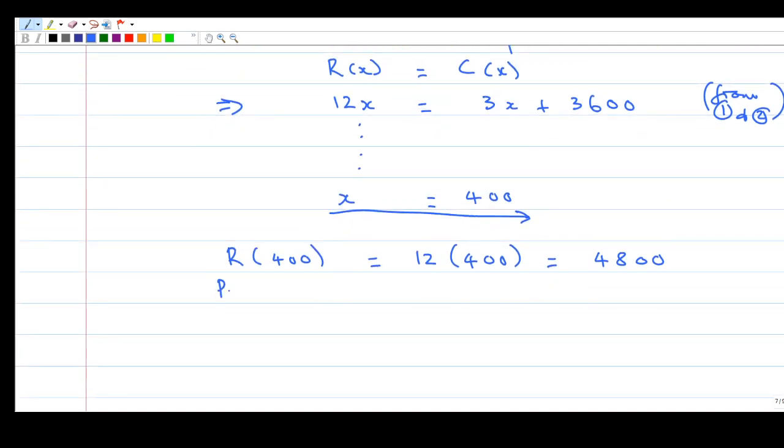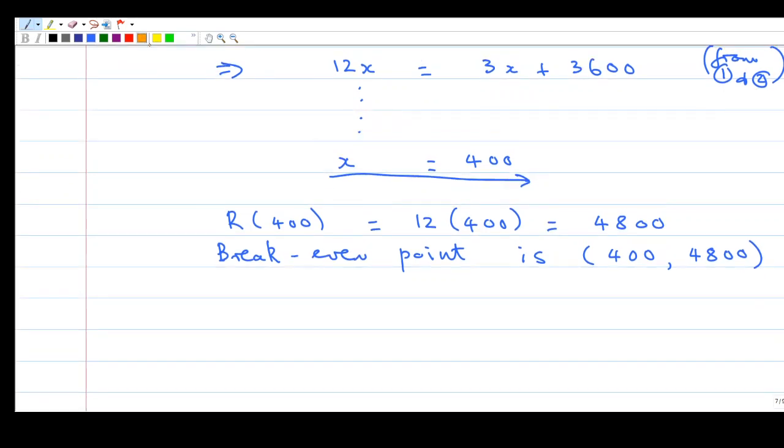So your break-even point is given by the coordinates 400 and 4,800.